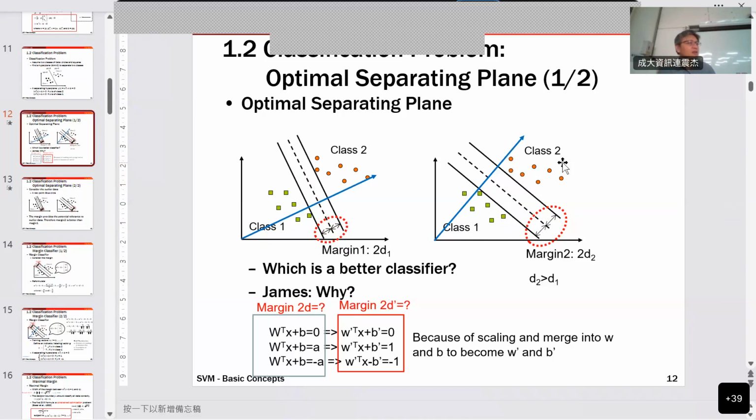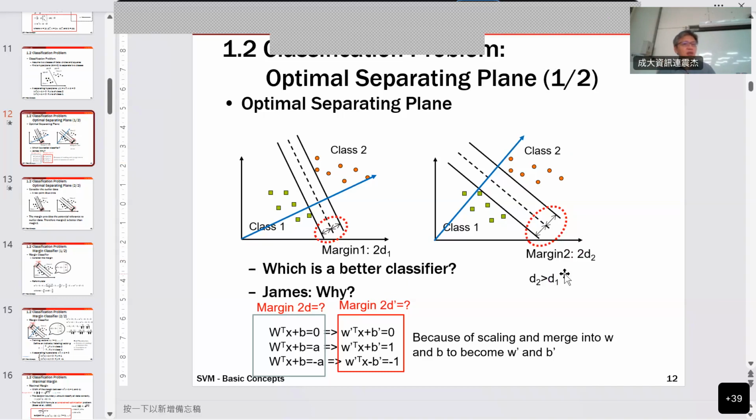And the margin right now is the best method for face recognition using deep learning. The best deep learning methods for face recognition include this margin term.